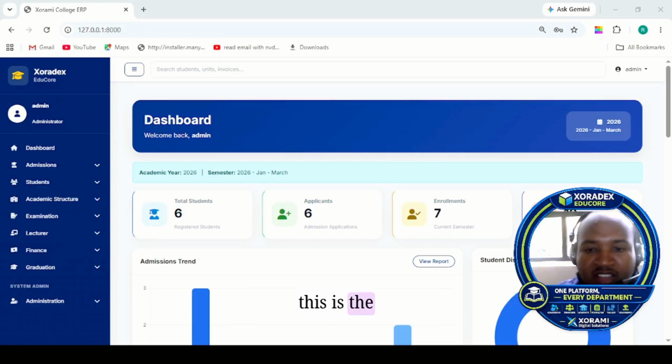And this is the manual part in the digital system, that we still have fragmented work within our systems.